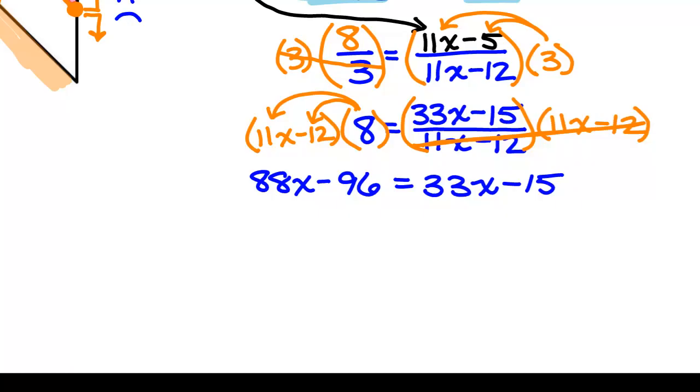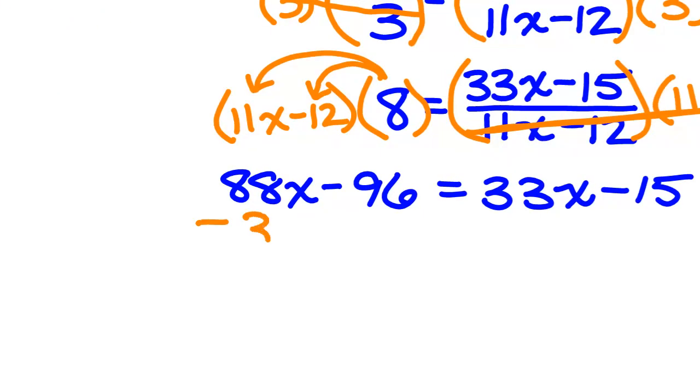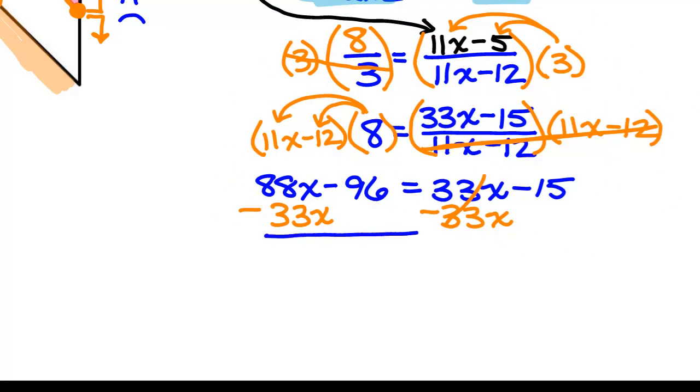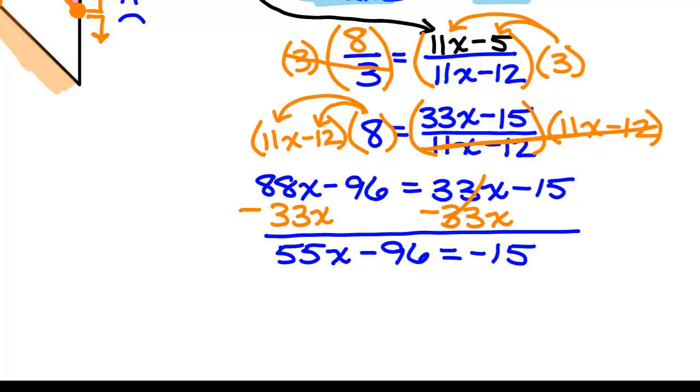Okay. We're going to subtract 33x from both sides. What is 88 minus 33? 55. So 55x minus 96 equals negative 15. What should we do now?